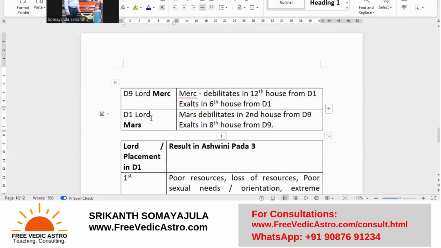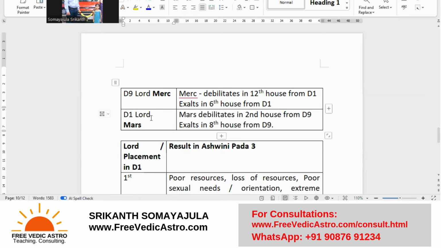Vimshottari Dasha will work on these principles of where the planet will debilitate and exalt. That is why exaltations and debilitations are taught to a student of Vedic astrology. Otherwise, they're just useless. If you look at a planet in your birth chart being exalted and are happy for it, or debilitated and are very sorrowful for it, it is just your thinking.